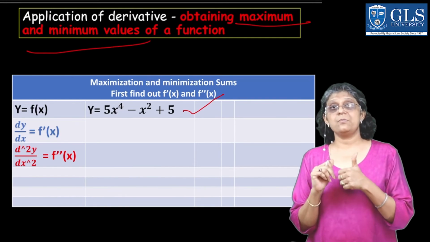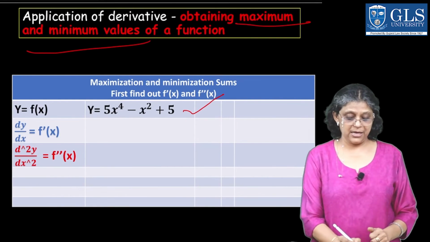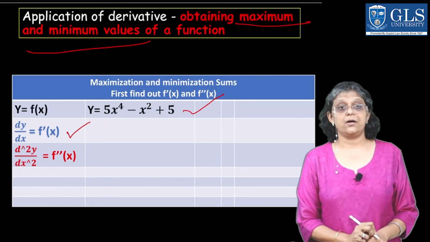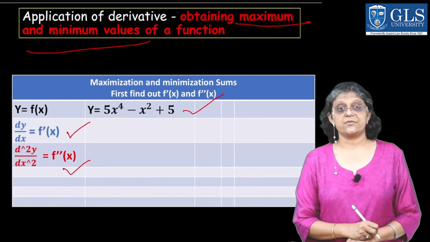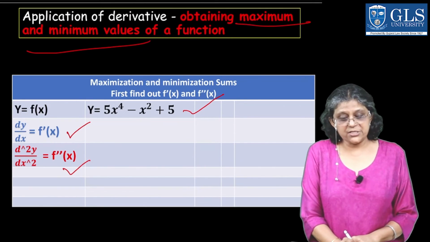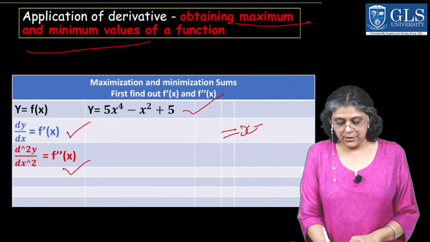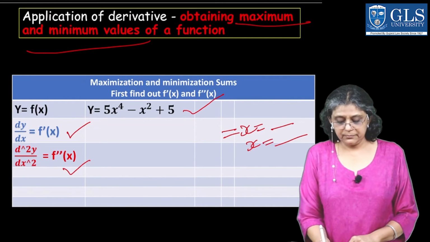So for maximum and minimum value, what do we have to do first? Find out f dash x and f double dash x. With the help of f dash x, I will find out the value of x like this.